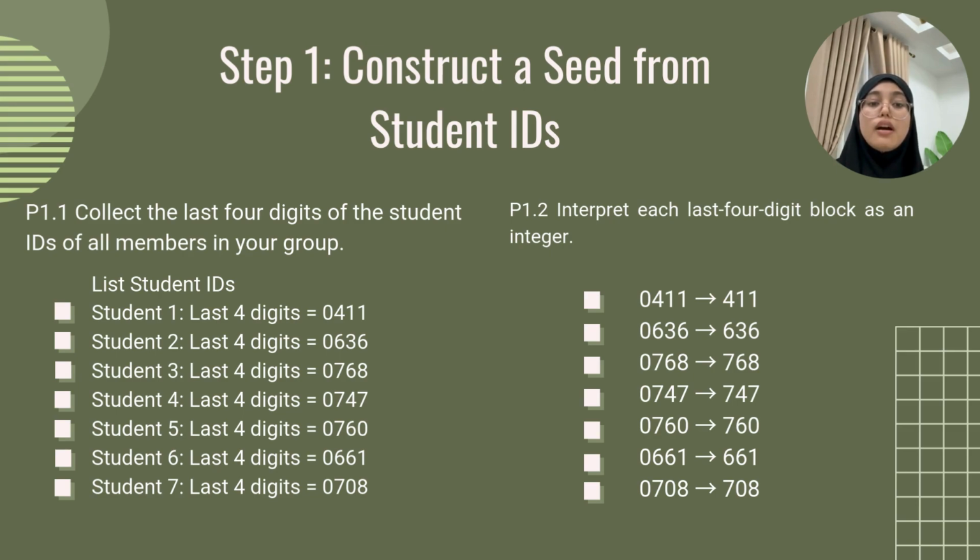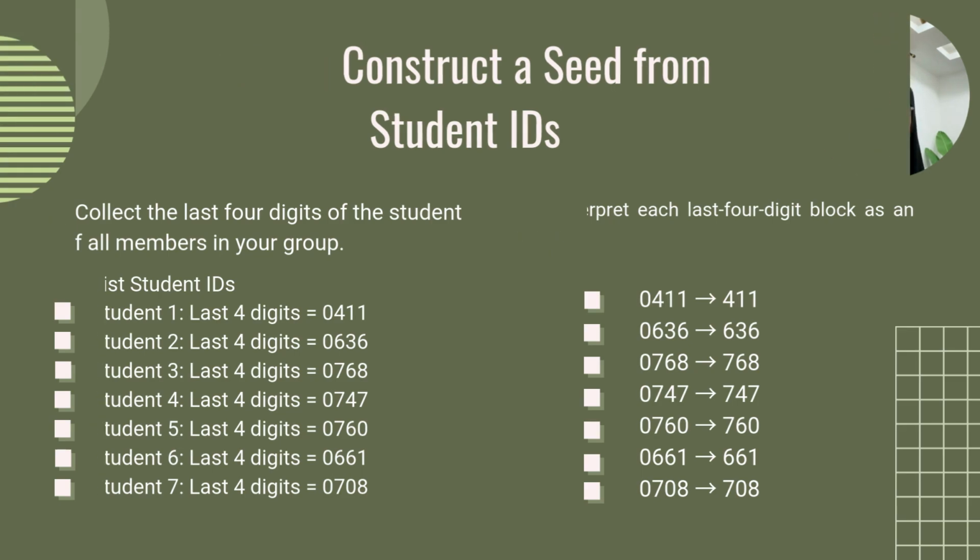Each of these 4-digit numbers is treated as an integer and will be used as the C for data generation in the next step of our project.